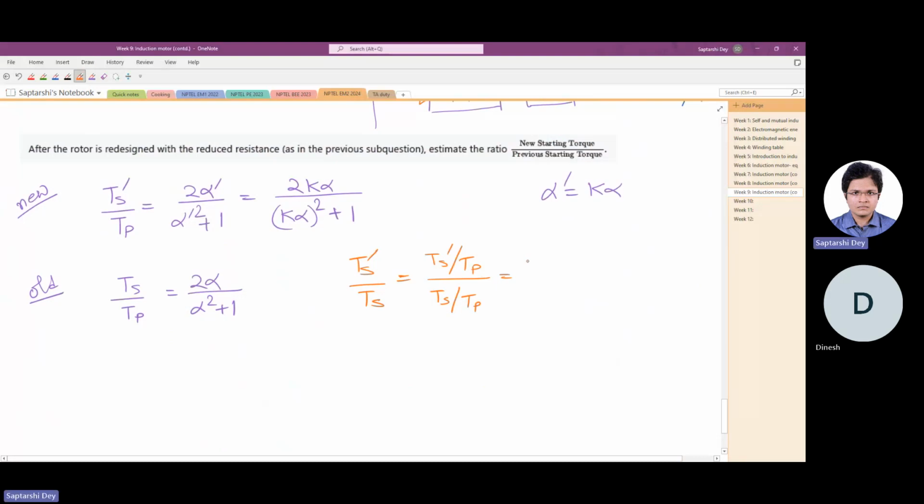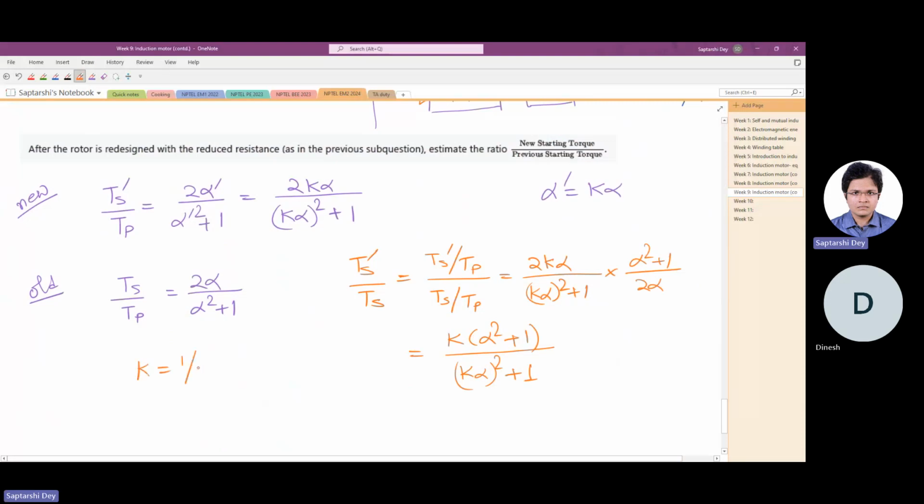So it is 2k alpha by k alpha squared plus 1 times alpha squared plus 1 by 2 alpha. 2 alpha gets cancelled, k remains k, alpha squared plus 1 by k squared alpha squared plus 1.